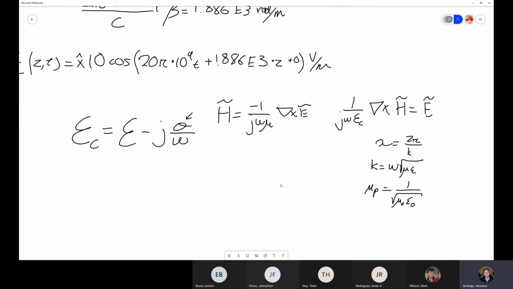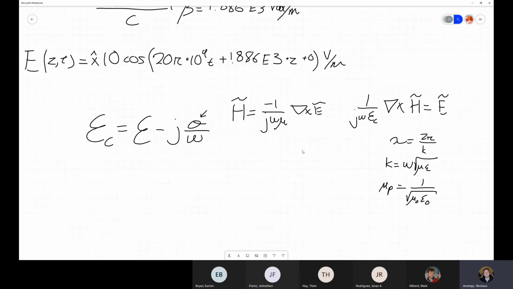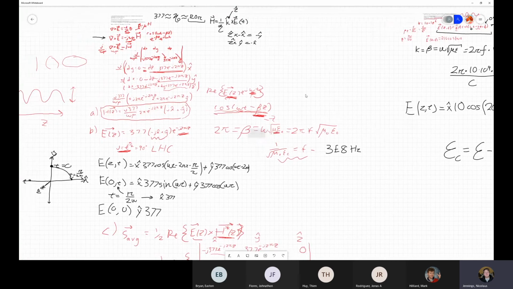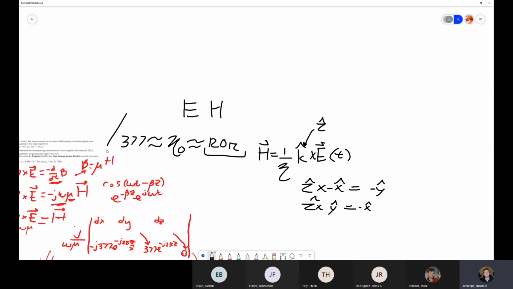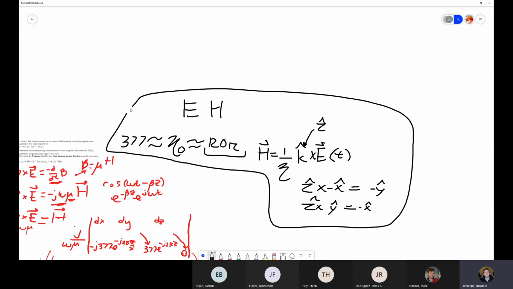I don't know if he's going to ask you anything about that, but be very careful. I also want to preface something: you can't just use this willy-nilly. You first have to make sure that it's a TEM wave, a transverse electromagnetic wave. Because plane waves are part of the TEM wave family, this can be used.